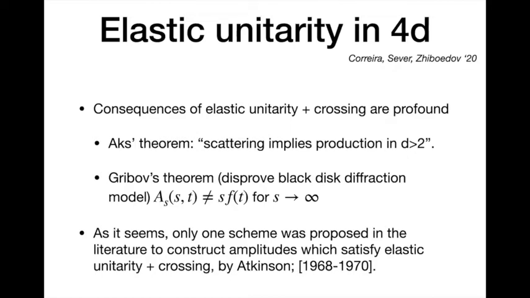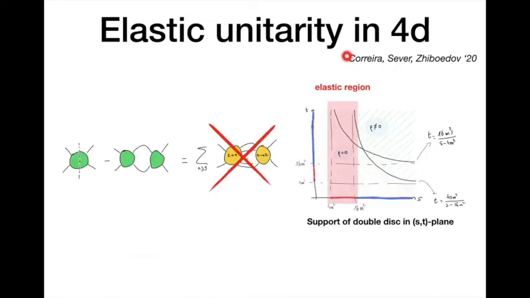And one way to see that, which is a bit cheap, and it's explained in better detail in here, is that scattering in the elastic region is this area here. And if you had no particle production, essentially you would expect your double discontinuity to vanish here.